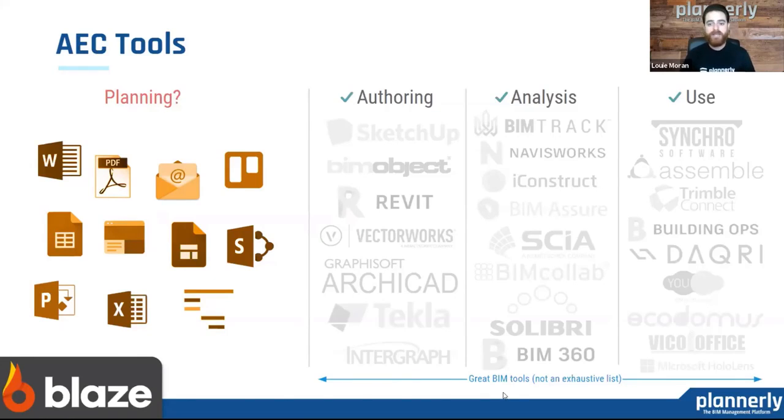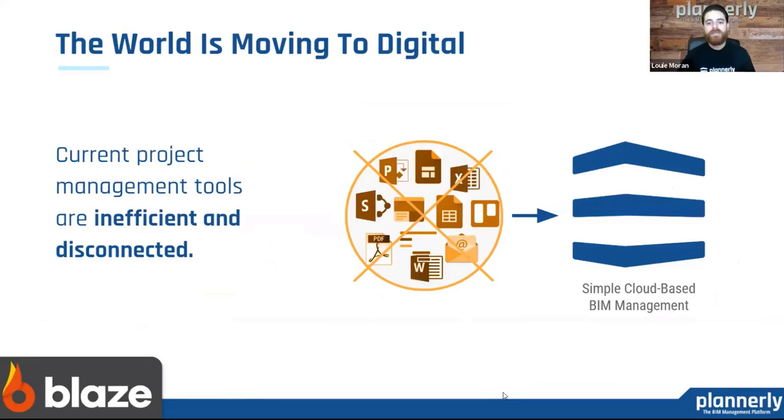So not just creating the BIM execution plan, but using that through the project. And they're also not so connected to the programs we use today. So with the world being more connected, maybe we could use all of these features and tools that we use today, but integrate them and make it more specific to our industry.